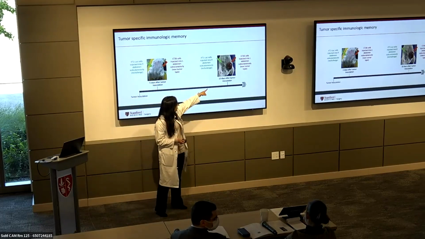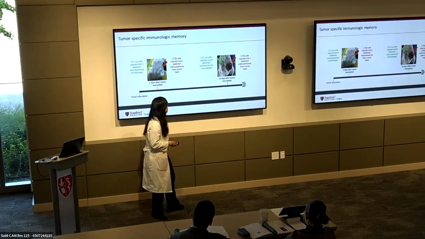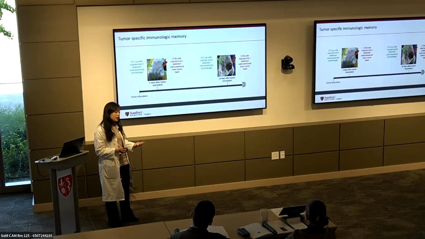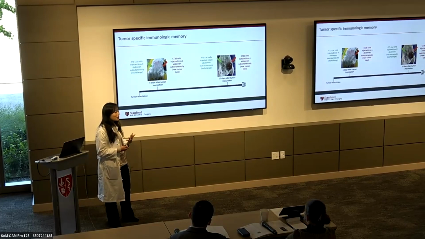And this is even more apparent 10 days after tumor inoculation, whereas they're able to still reject the same cell type that they'd previously been cured of and have been exposed to. This allowed us to conclude that their tumor memory, their immunologic memory was tumor specific.